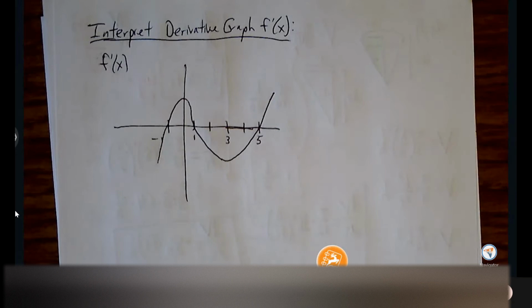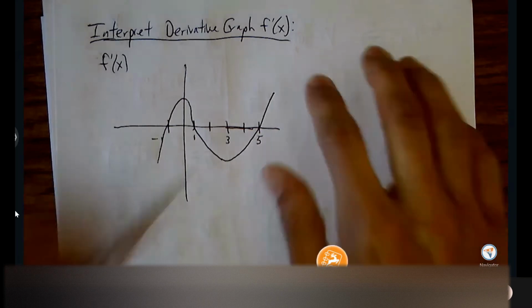And what I want us to be able to do is to look at an f prime graph and gather all the information about the f of x function: where the relative max, relative min, point of inflection, concave up, concave down, increase, decrease.